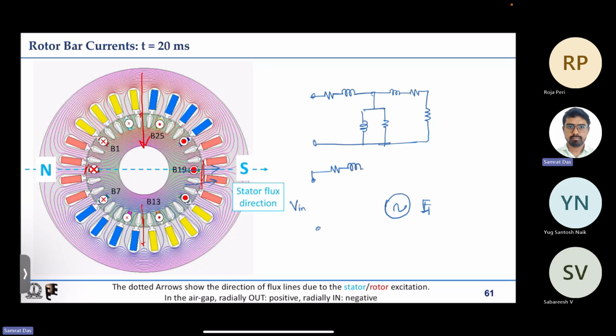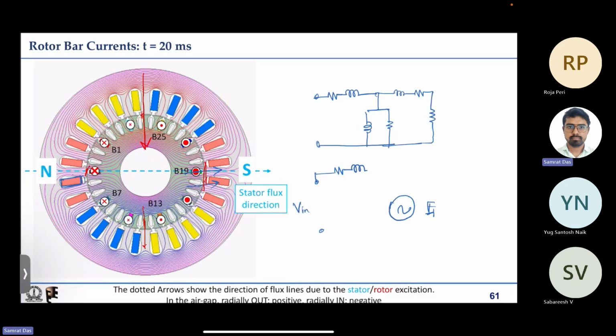Leakage inductance corresponds to some flux lines which are not linking the rotor. That is, say we have this conductor of the stator, some current is flowing through that, and some flux is also flowing like this, enclosing the conductor without crossing the air gap.